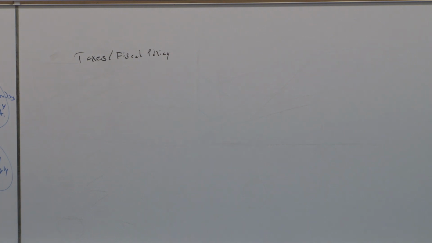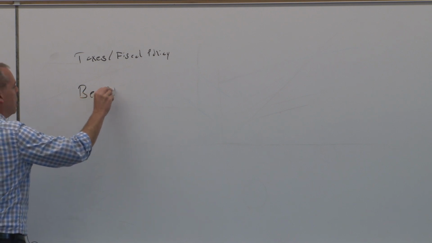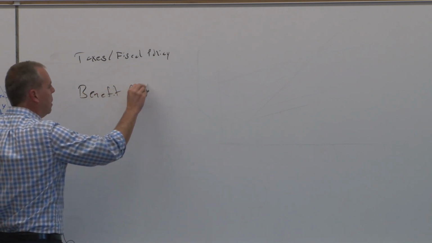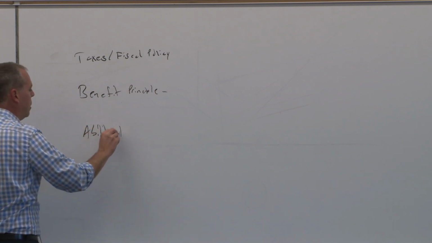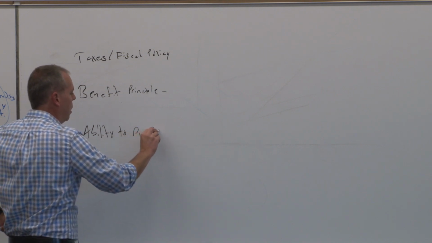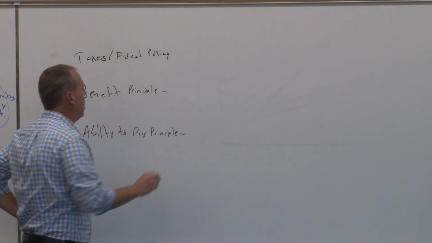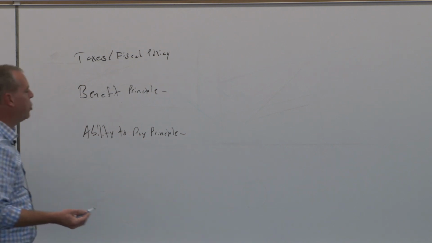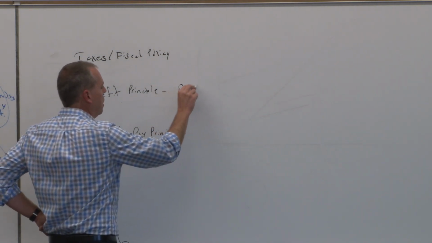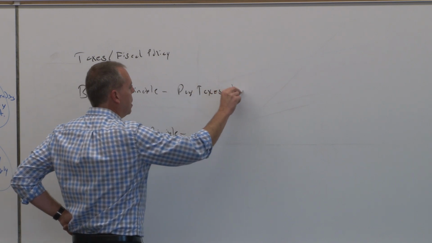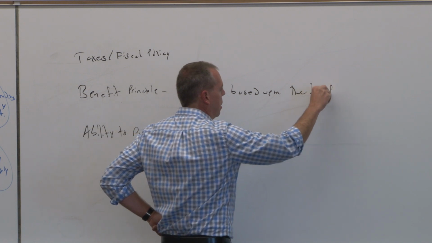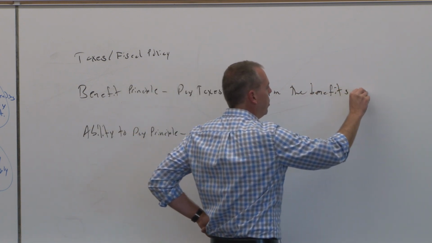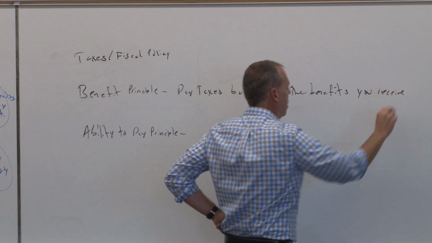We've got a couple of different principles here that we're interested in. The benefit principle says people should be taxed, you're going to pay these taxes, based upon the benefits you receive. All right?